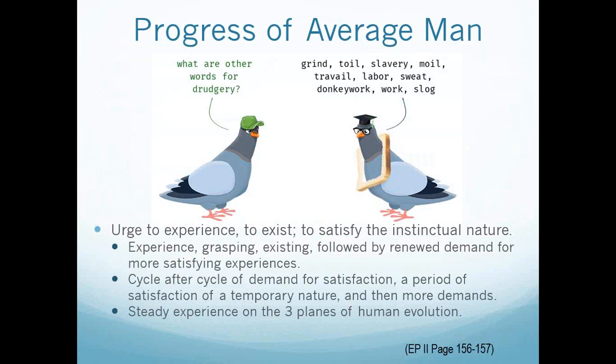We go through cycle after cycle of demand for satisfaction. A small period of satisfaction comes before we realize it was a temporary thing, and then further demands, and the cycle begins again as we steadily pursue life as we know it on the three planes of human evolution.